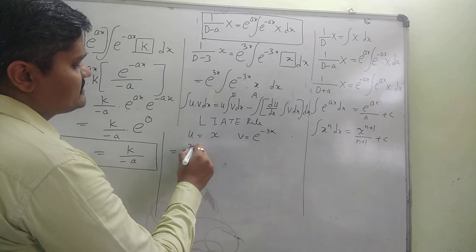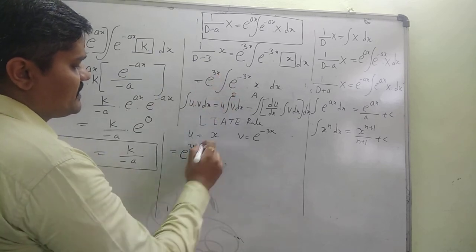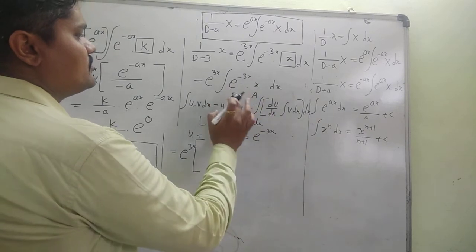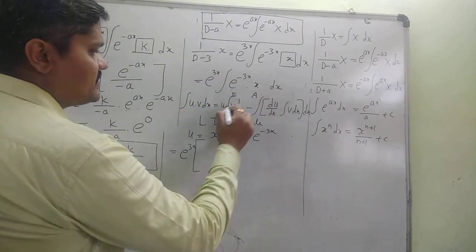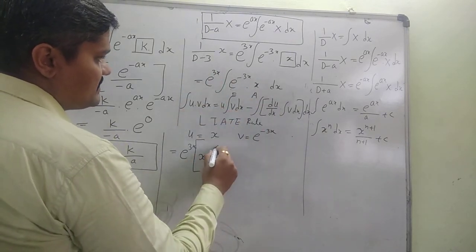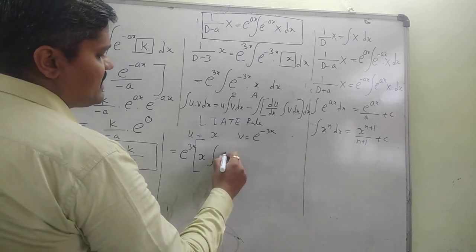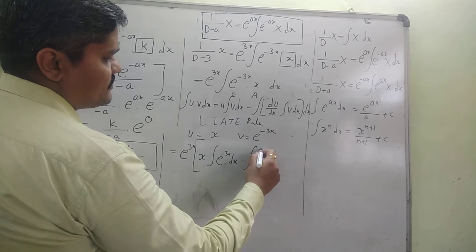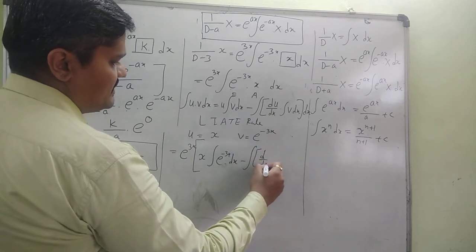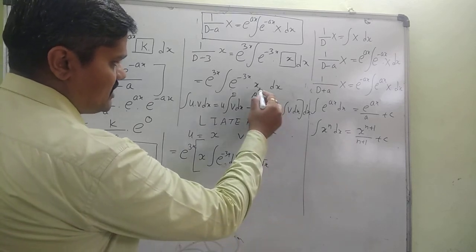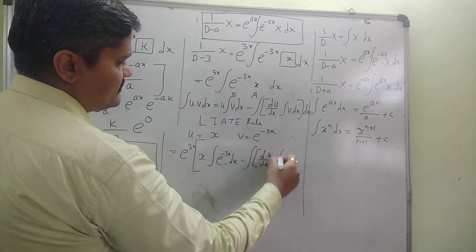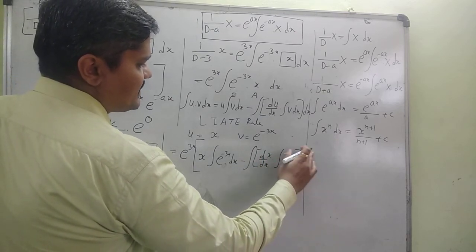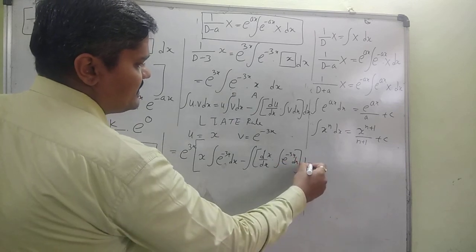e raised to 3x, this part, in bracket, instead of u I'll be using x, so it is x integration of e raised to minus 3x dx minus integration of, in bracket, d dx of x, integration of e raised to minus 3x dx, bracket close, dx.